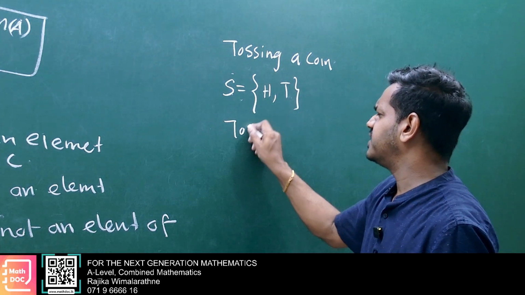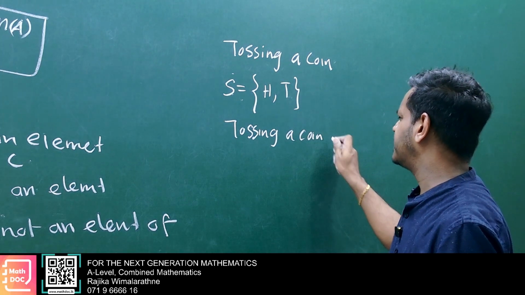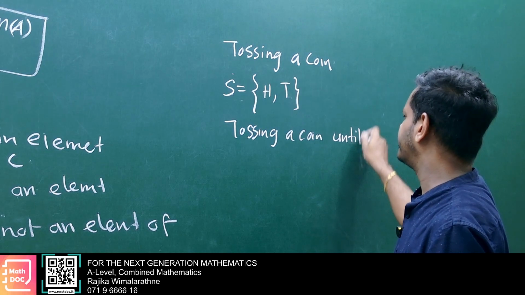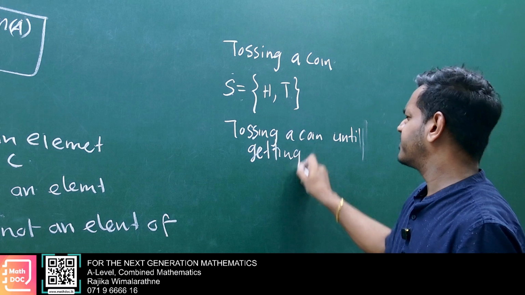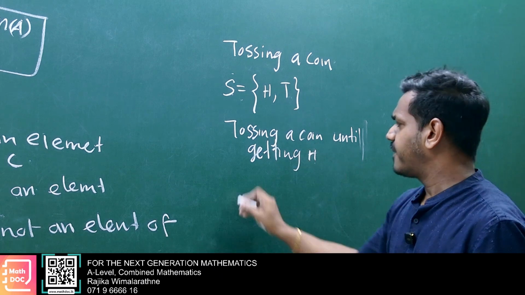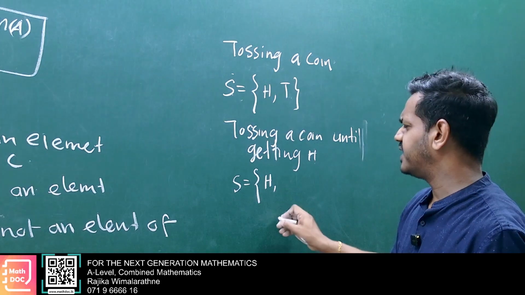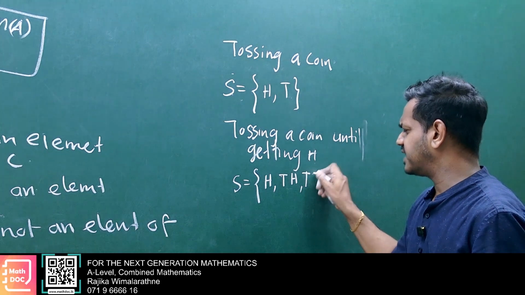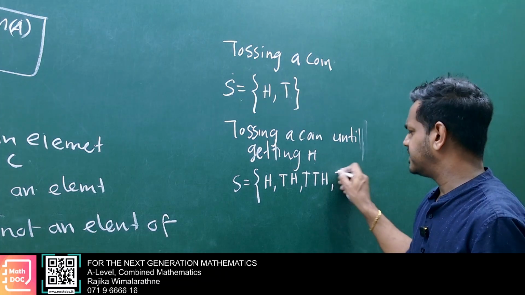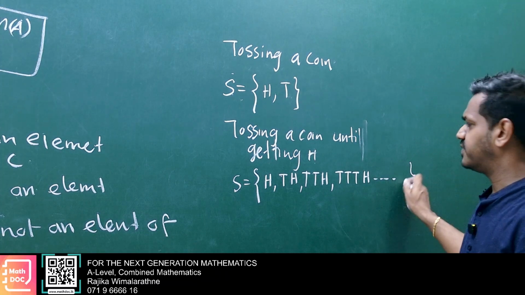Then tossing a coin until getting a head. The sample space here is: head on the first toss; tail then head; tail, tail, head; tail, tail, tail, head. We don't know the end.